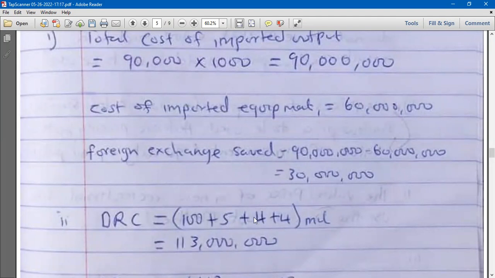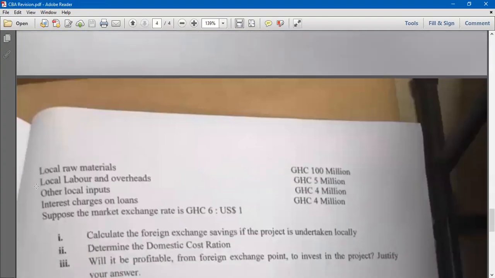When you add them, we are getting 113 million. Let's check there. We had local raw materials, labor, and then the fixed cost, and then other local inputs, and then the interest rates and charges.